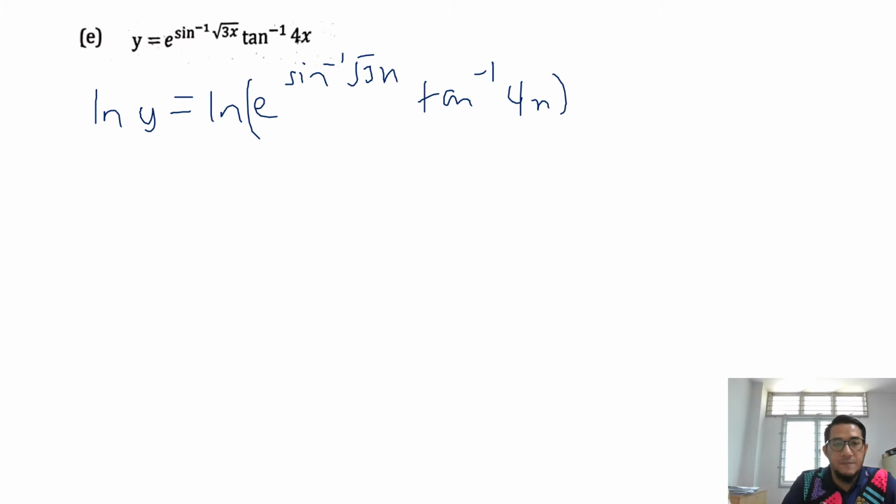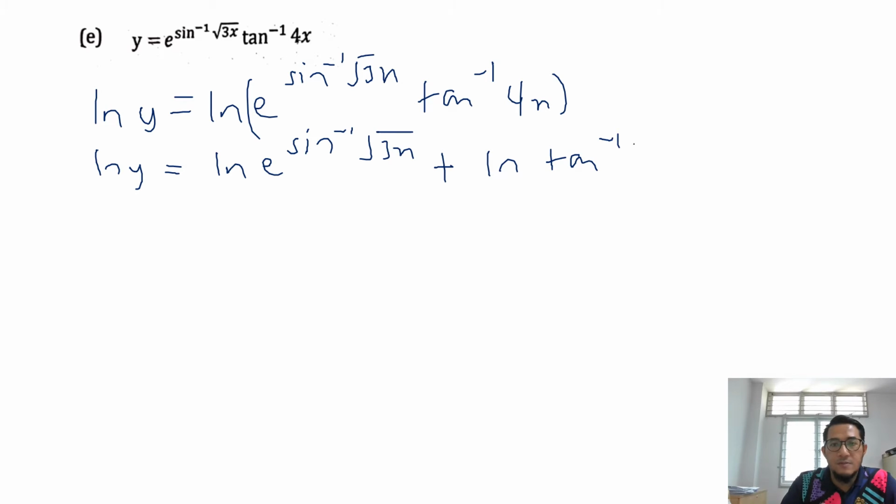So let's add ln. So ln y equals ln e power of sine inverse 3x times tangent inverse 4x. So this one we expand: ln e power of sine inverse 3x plus ln tangent inverse 4x.